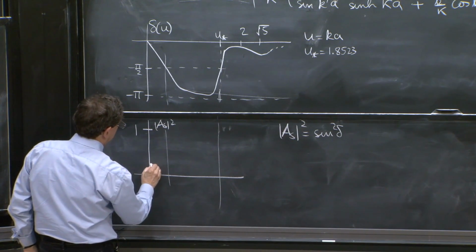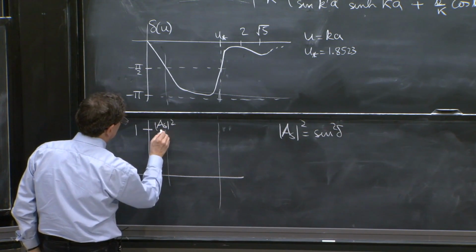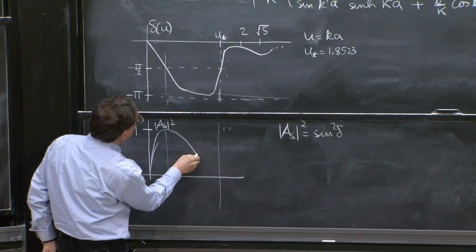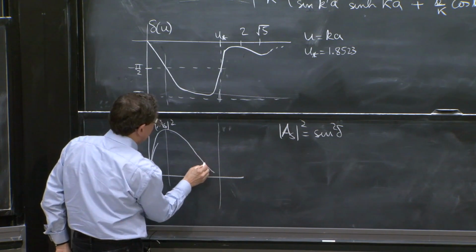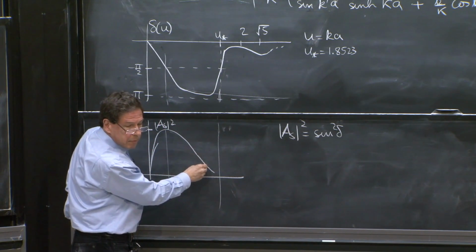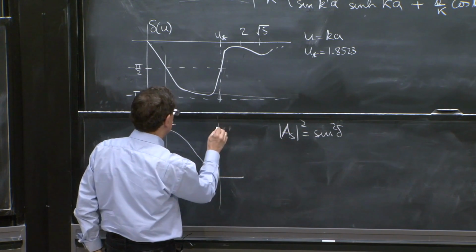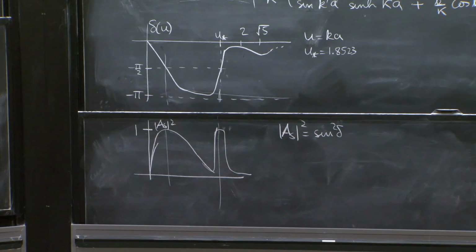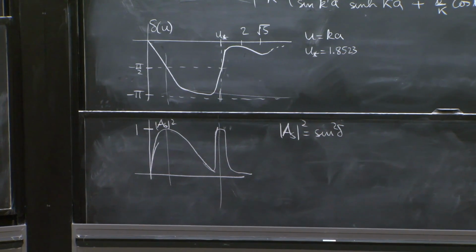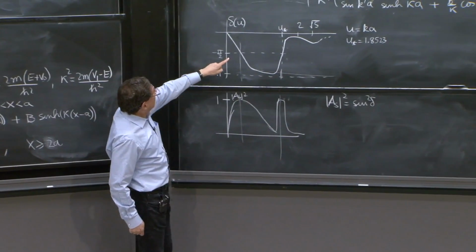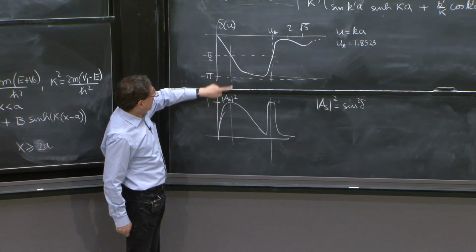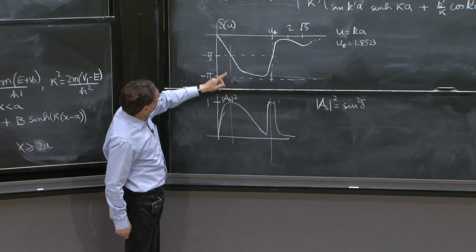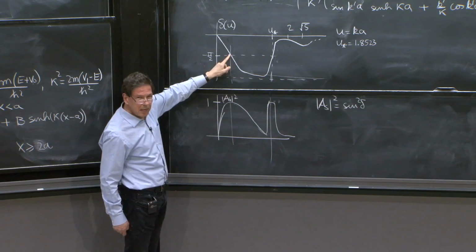It's going to go up like this, and do this, and broadly go down, and then very sharply, more sharply at least, go up again, something like that. So here it is. This point over here has a strong scattering amplitude, but there's nothing too dramatic happening here.